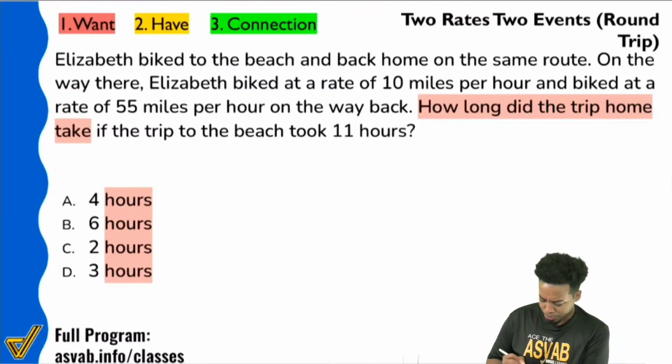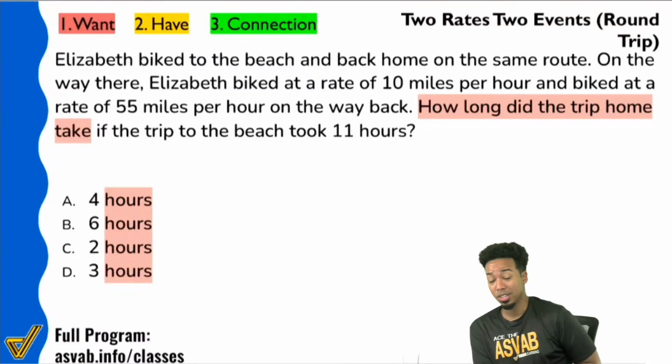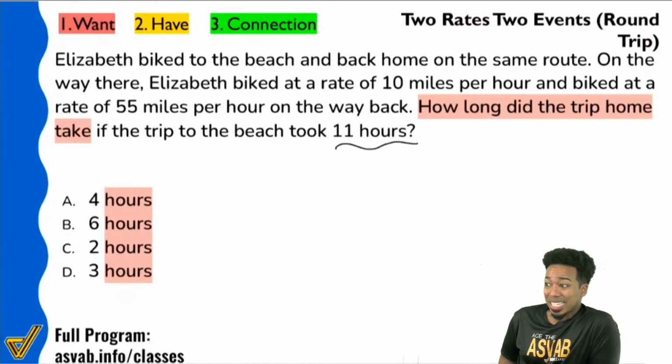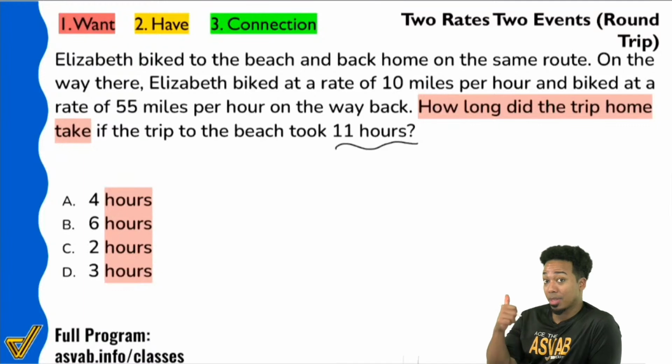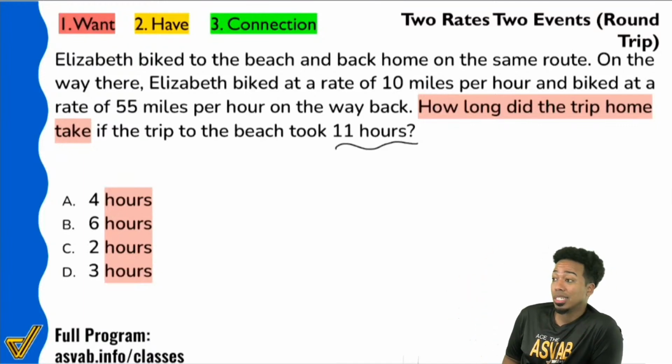Okay, cool. So we're looking for the time, but look at something specific here, because notice how we're also given another time right there. So it looks like since we have more than one time, the time that we're looking for and also the time that we're given, everyone, do you think we might want to organize our information?